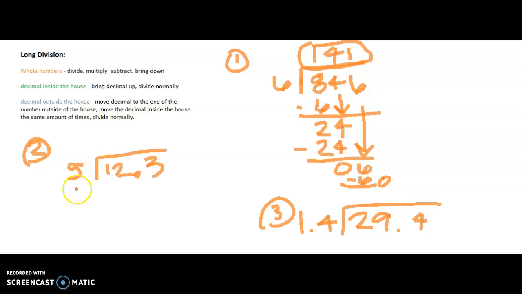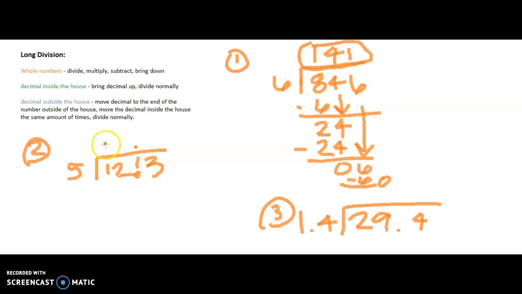We're going to go on to number 2, where we have a decimal inside of the house. So all we're going to do is move that decimal up, and we're going to put it exactly where it is in the original number. And now all we have to do is just divide normally. So we're going to look, and 5 cannot go into 1, so we're looking at that first digit. So we need a placeholder up here.